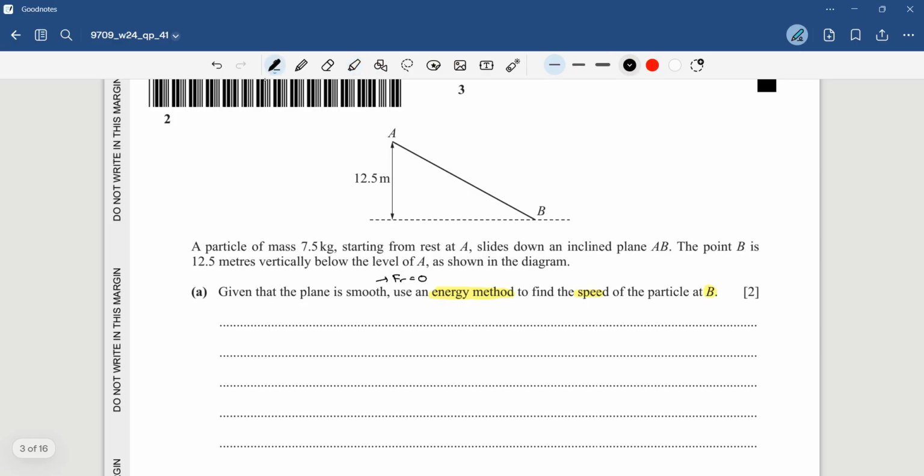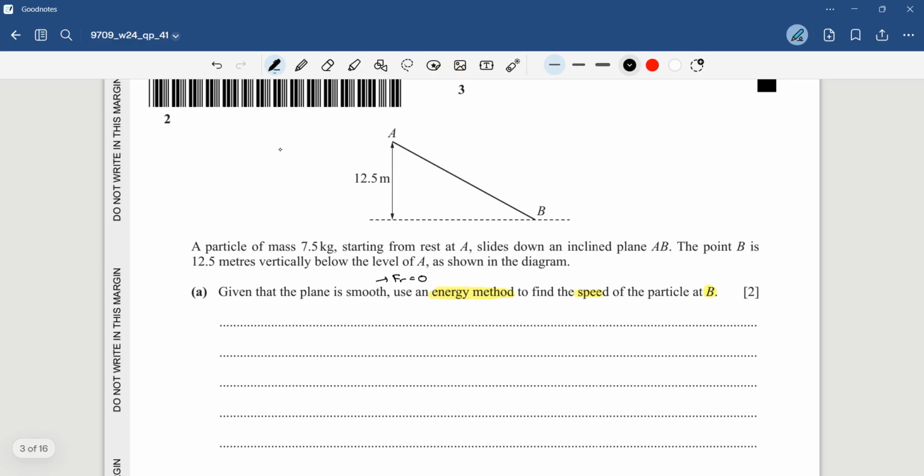For this, usually what I will do is identify the energies or the work done against any forces at A and at B, and then we equate them, because as we know, energy cannot be destroyed.